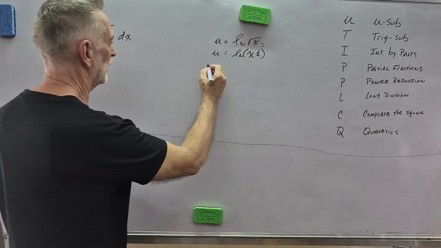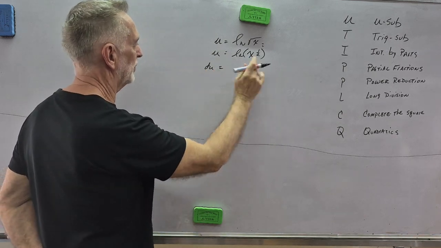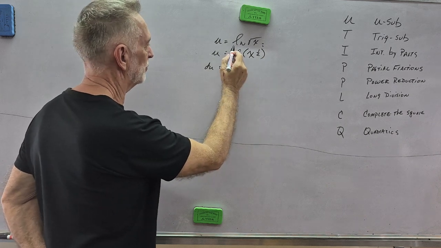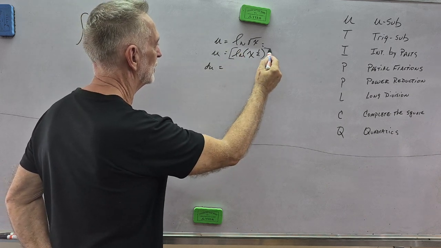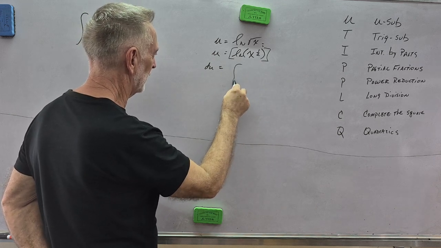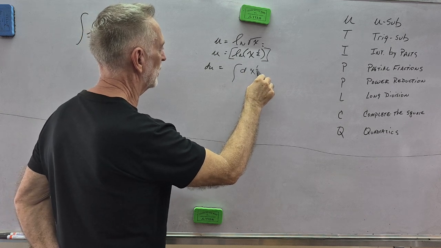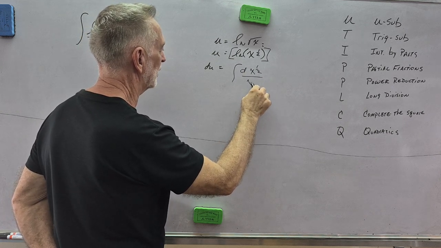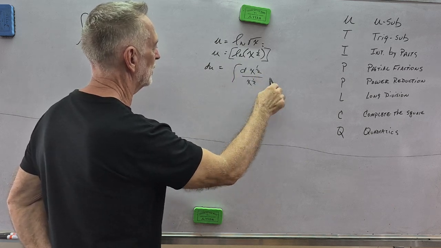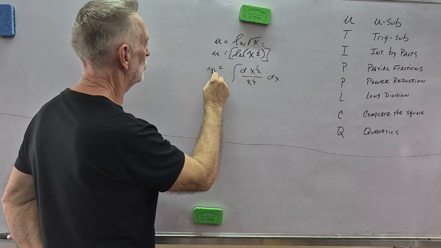Okay, du then equals the derivative of this outside function, you know, the chain rule. So we've got an outside function and an inside function. But in this case, the integral of the derivative of x to the 1/2 over x to the 1/2, that integral is a natural log. So that's u.